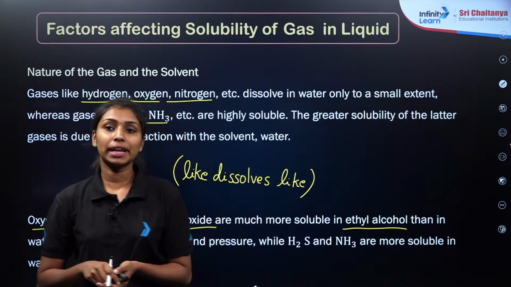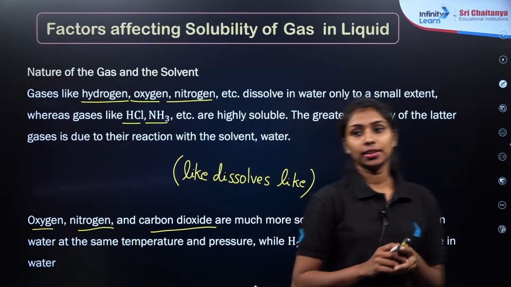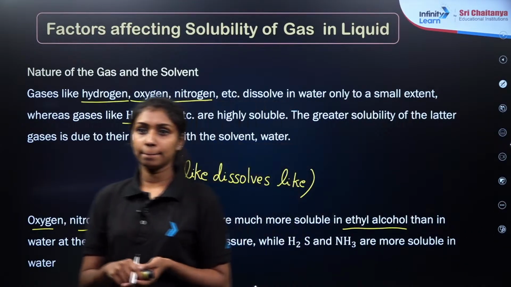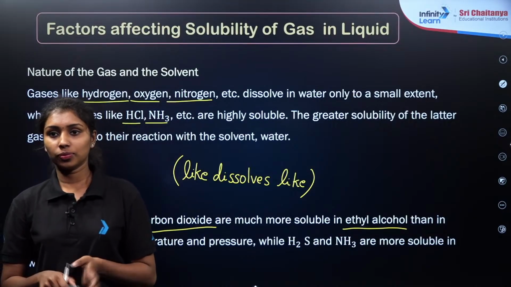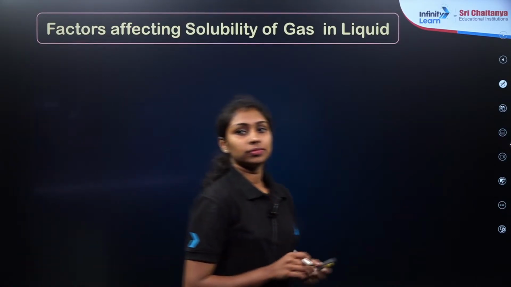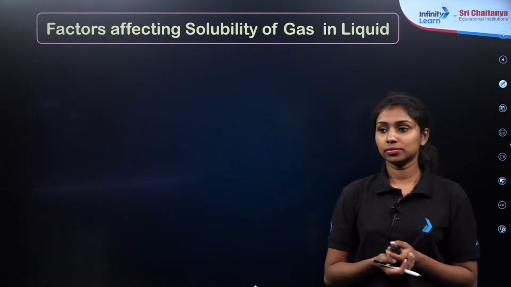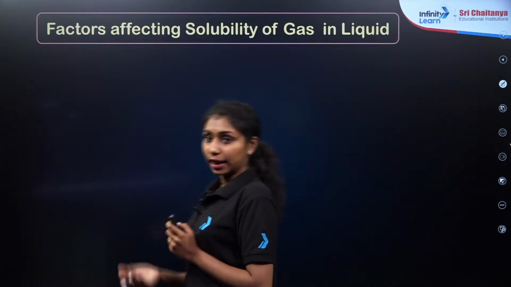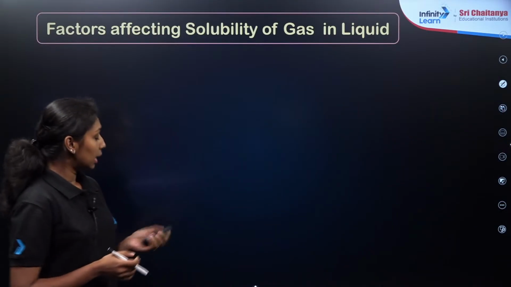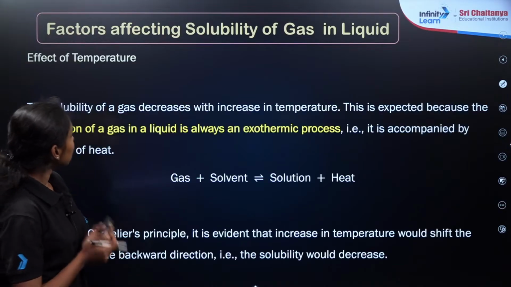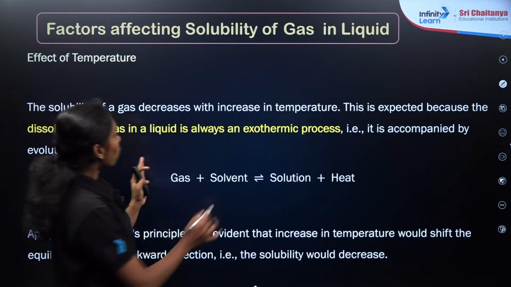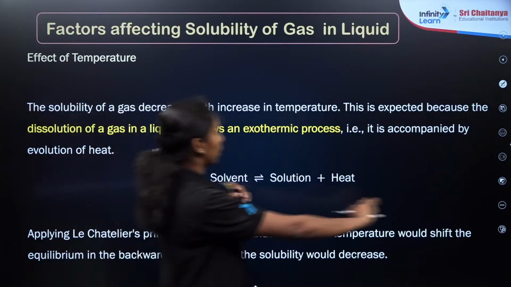Then what about the next parameter, temperature? How can we predict the temperature effect here? In the earlier case, we have seen that in the dissolution process, whether it is endothermic or exothermic, we can predict the temperature change, right? But here, in the case of solubility of gas in liquid, this process is always exothermic.